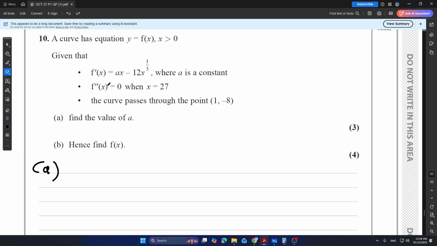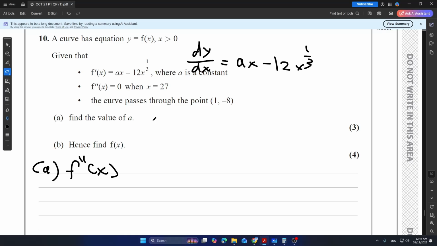It says f double dash x equals 0 when x equals 27, and we have f dash x with a. Basically what we need to do is find f double dash x, which is finding dy by dx of ax minus 12x power 1 over 3. And you already know the rule.